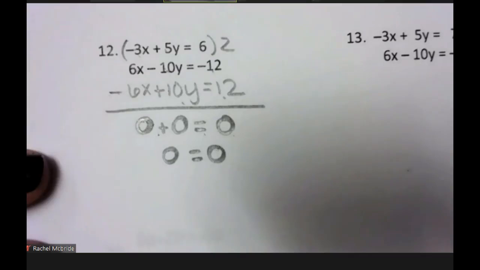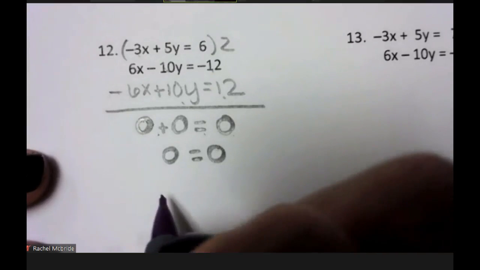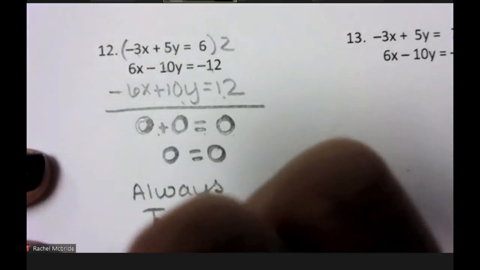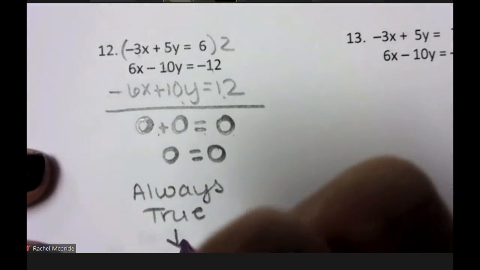If you get 0 equals 0, well, that's always true. So if something is always true in math, we like to use math terms.